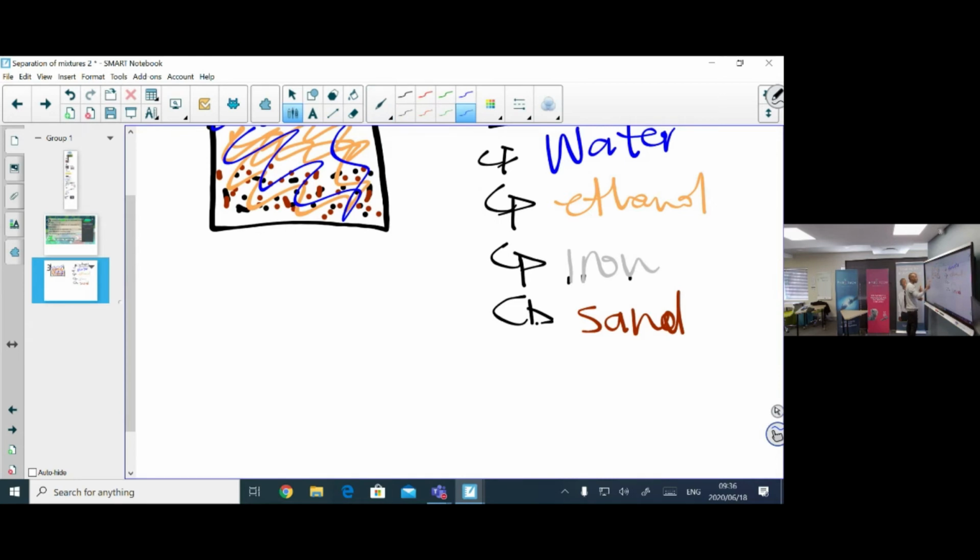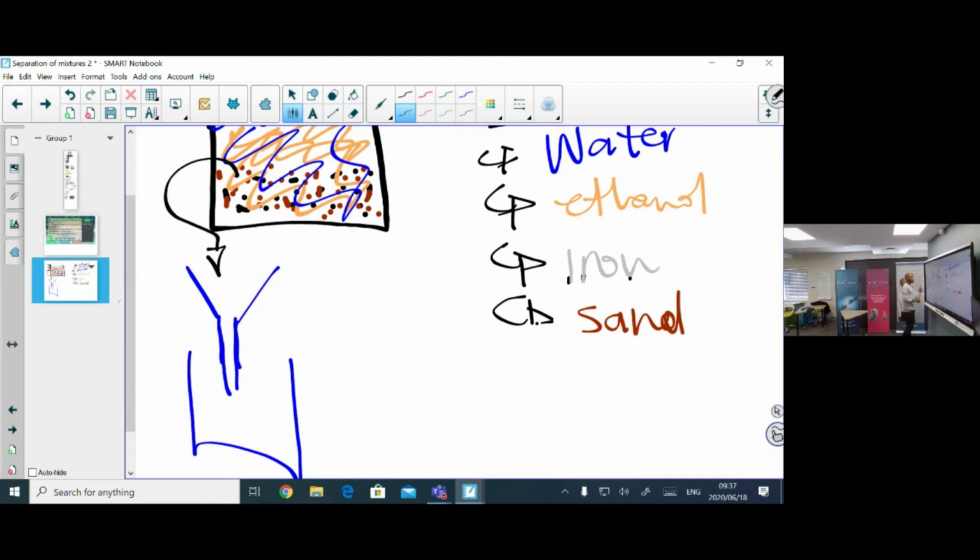We take this mixture and pour it into a funnel, and place a beaker for our liquids to sift through. Here's our mixture, and we are going to pour it there. We line our funnel with filter paper. That's a funnel and that's filter paper.